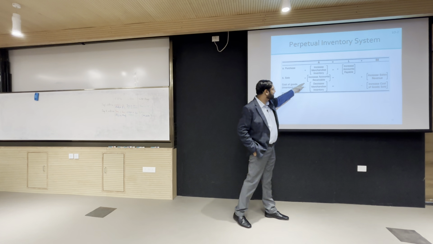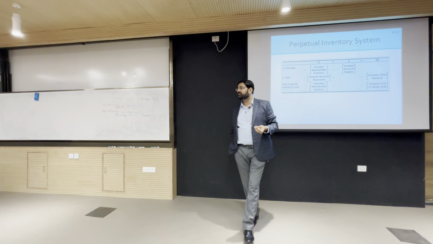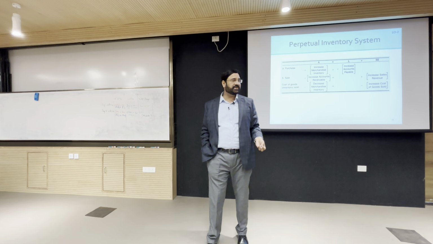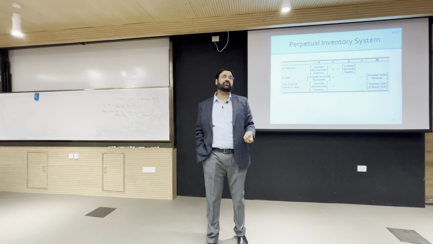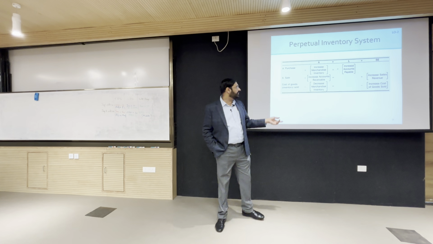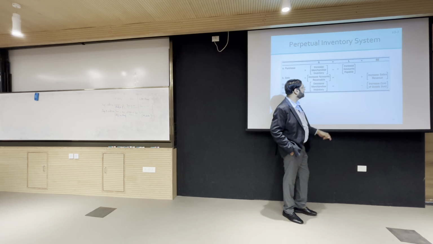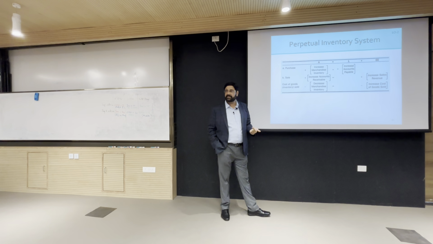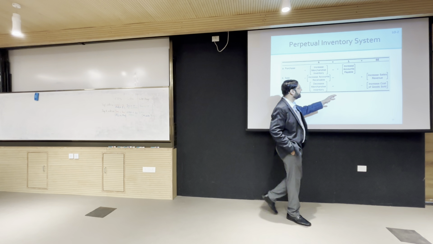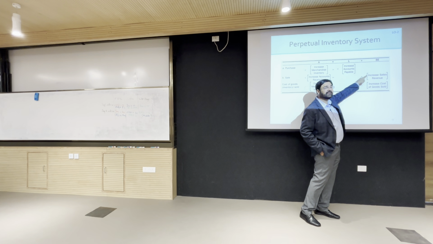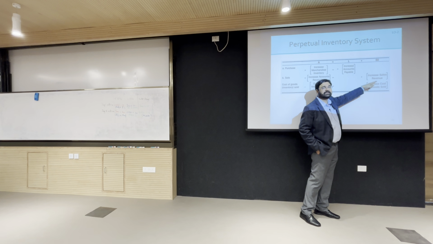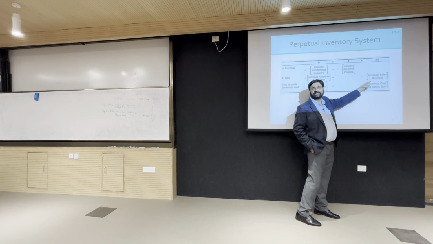And at the same time, the moment we sell, we sold goods at 100 rupees, but the actual cost to us was how much? 80 rupees. So here we will show 100 rupees, and immediately we will account for the cost of goods sold of 80 rupees. So the net effect, 100 minus 80, reflects the profit on sale.